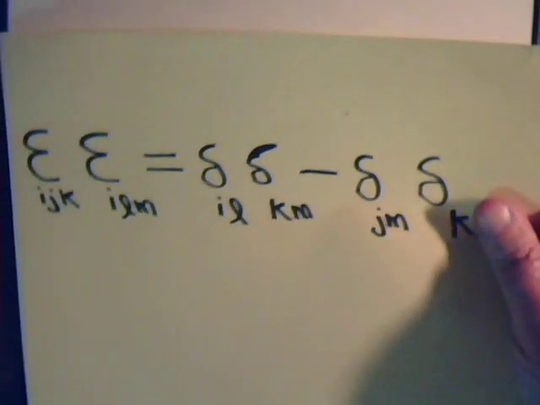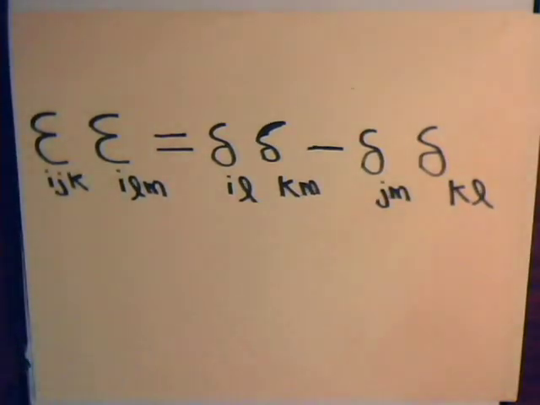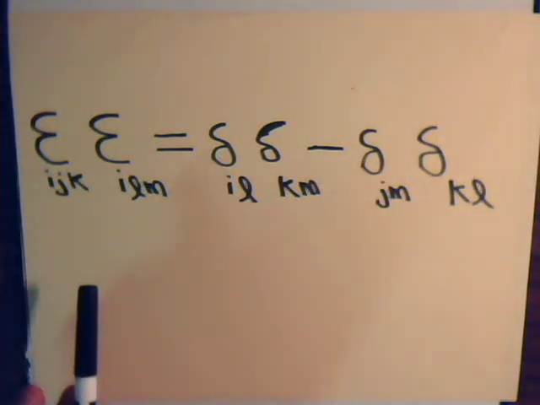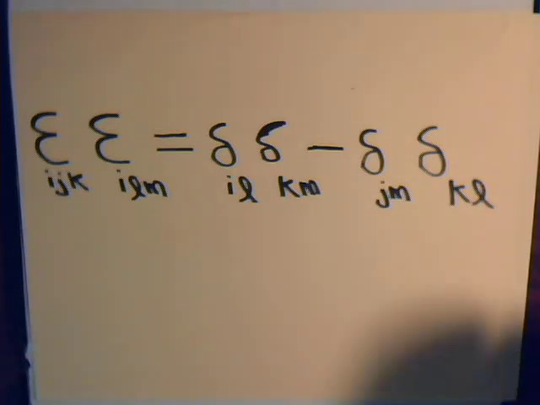Again, the whole method hinges upon this identity, so we're going to lay the groundwork to prove it. Once that's done, we can use it for solving very complicated vector identity problems.